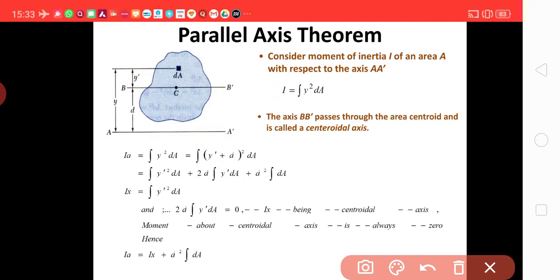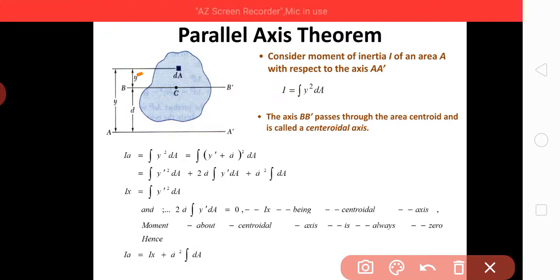So again you can say that IA equals integral y square dA, then y square can be written as y dash plus a.